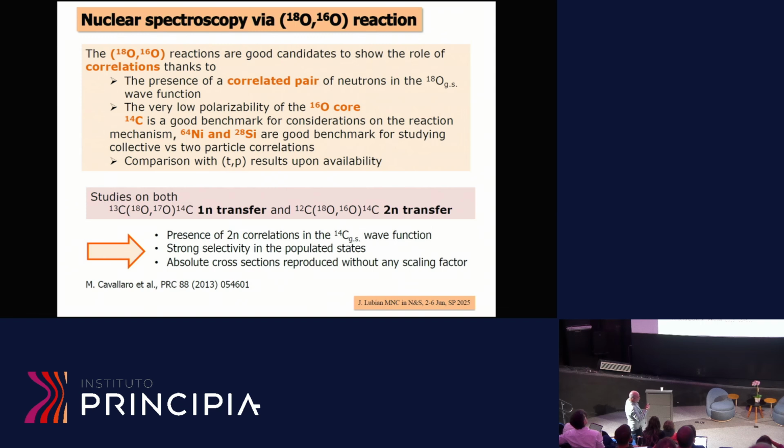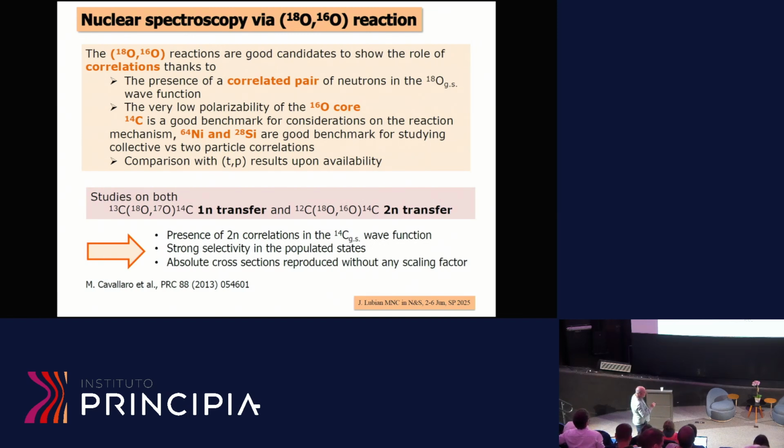So let's go to the results for the different systems. We selected oxygen 16, as I already said, because tritium was prohibited for safety reasons, and oxygen 16 can be interpreted as an oxygen 16 core with very low polarizability, and we have two extra neutrons in oxygen 18, whose wave function is quite well known.